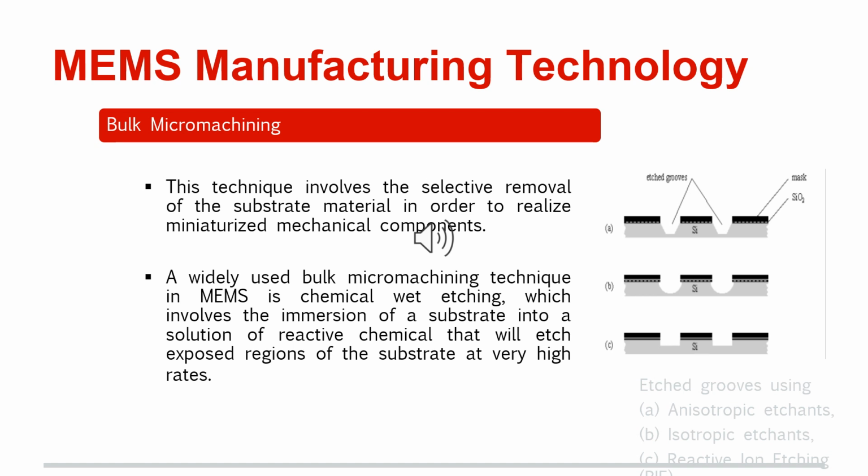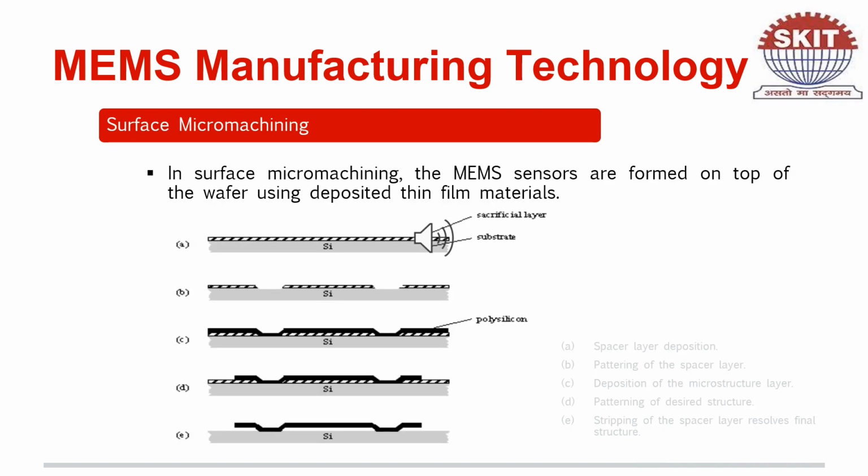The widely used bulk micromachining technique in MEMS is chemical wet etching, which involves the immersion of a substrate into a solution of reactive chemical that will etch exposed regions of the substrate at very high rates. In surface micromachining, the MEMS sensors are formed on top of the wafer using deposited thin film material.